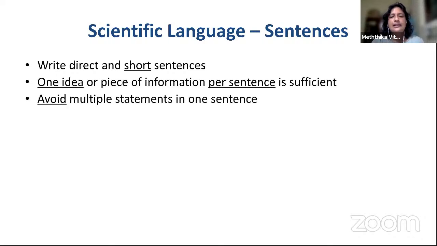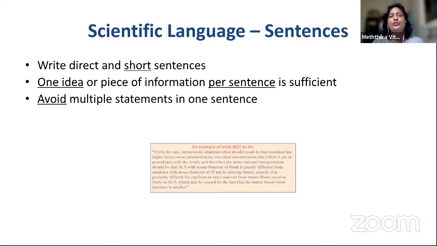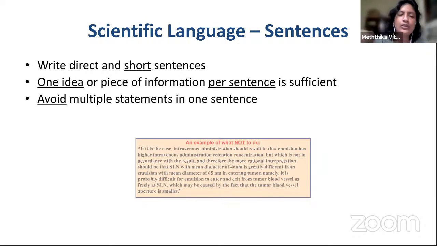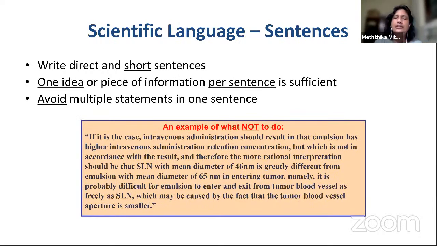So what are the tips for you to write good scientific language? Just write direct and short sentences. That is very important. Don't try to write a long sentence by using different conjunctions. No, that is not good. Write direct sentences and short sentences.